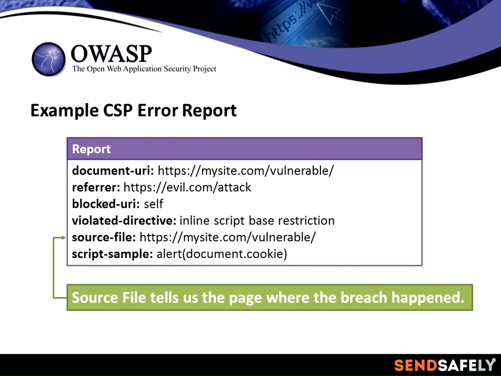In our case, since it's an inline script, it's going to be the same as the document URI, but if you had this eval in a different JavaScript file, it would point to that instead. And finally, the script sample shows you a code snippet of what actually happened. In this case, it seems to be a reflected cross-site scripting that prints the cookie. So to get that report from the browser, you have to specify the URL that the browser sends it to.